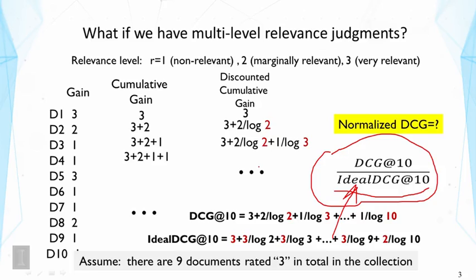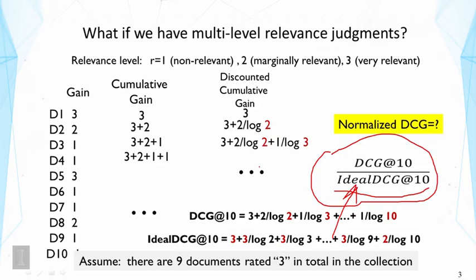So again, we face the problem of different scales of DCG values. And when we take an average, we don't want the average to be dominated by those high values. Those are, again, easy queries. So by doing the normalization, we can avoid the problem, making all the queries contribute equally to the average.